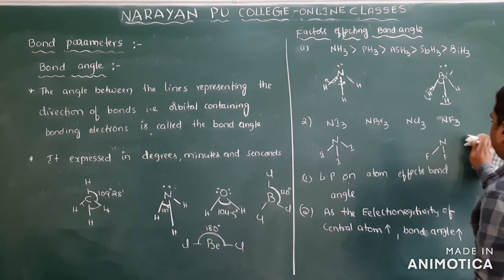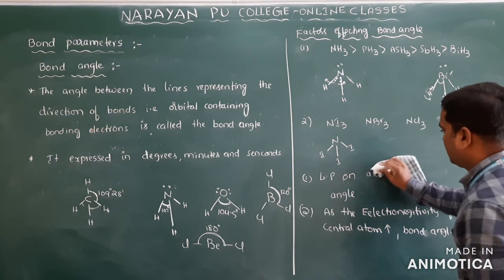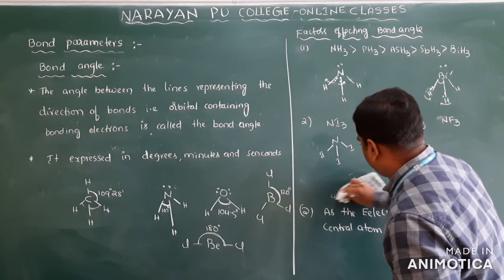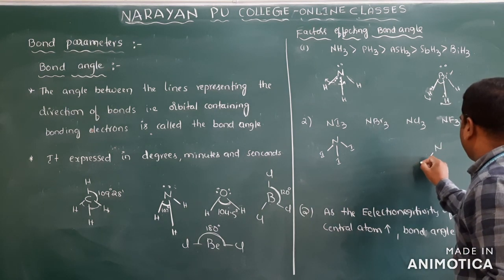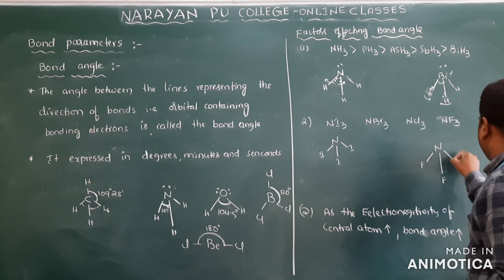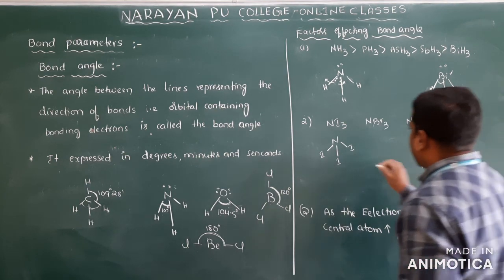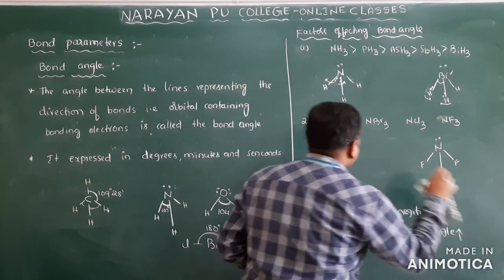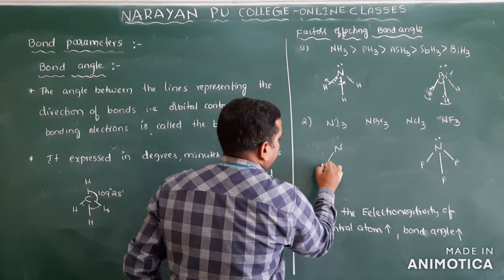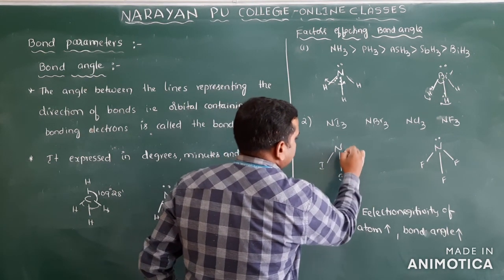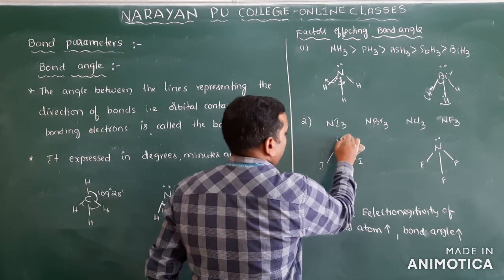Clear? First point you might have copied. So now nitrogen, fluorine, fluorine. Here also the central atom is the same, nitrogen. Here it is iodine, iodine, and iodine.